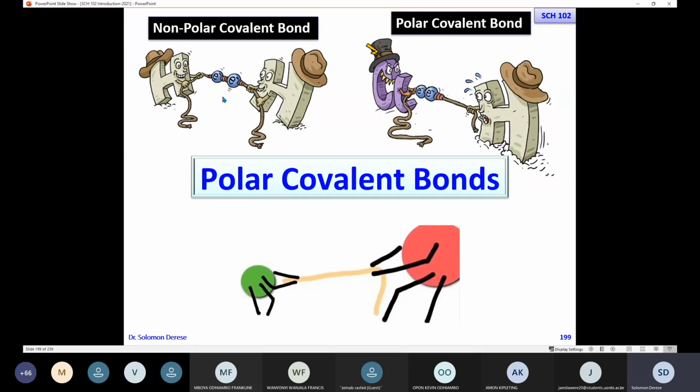The electrons will be shared equally. Such type of covalent bond is non-polar covalent bond. However, if you have a covalent bond between two different elements, like between chlorine and hydrogen, it's like a tug of war between one person who is very big and strong and another weak person.